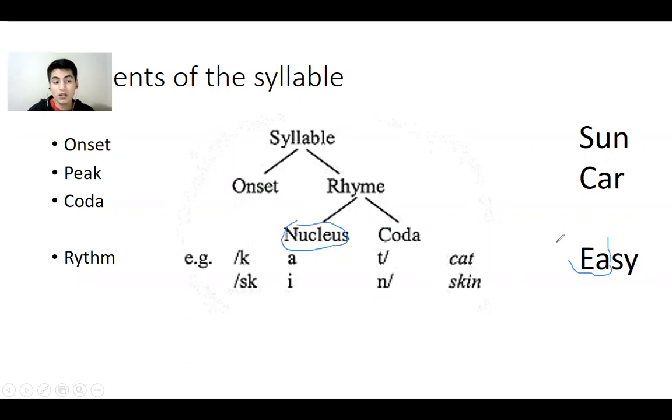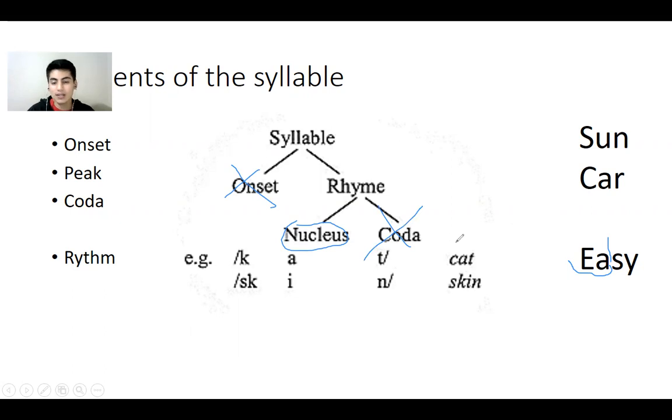Okay, as we know, when we have a syllable with two vowels, the first vowel takes the sound, and the second one remains silent. That is why this syllable sounds like E. As you can see, there is no onset and there is no coda. Why?